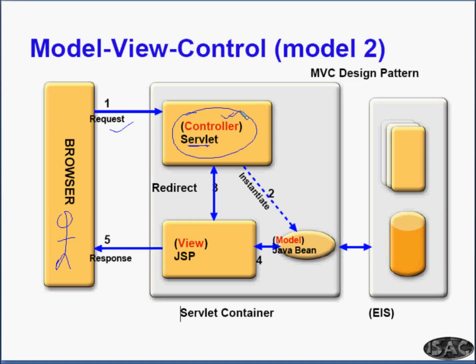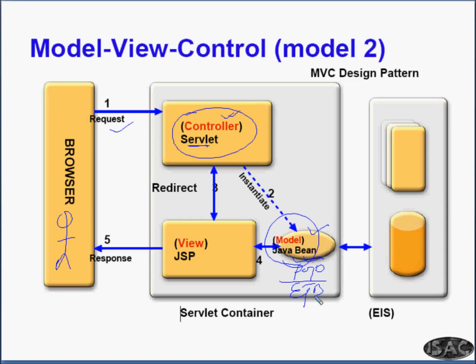It will call the model, and the model will interact with my database, right? This could be Java beans, could be some normal POJO class, could be enterprise Java beans, right? If we are using some enterprise components.